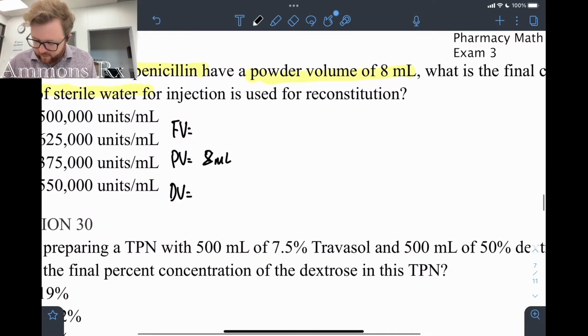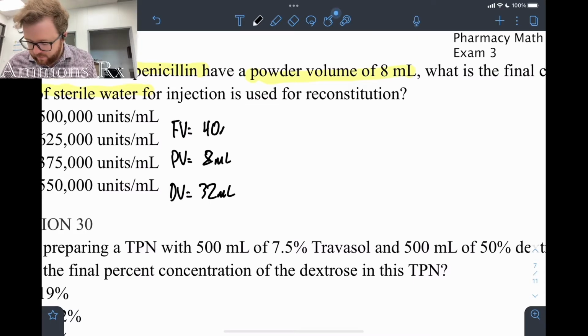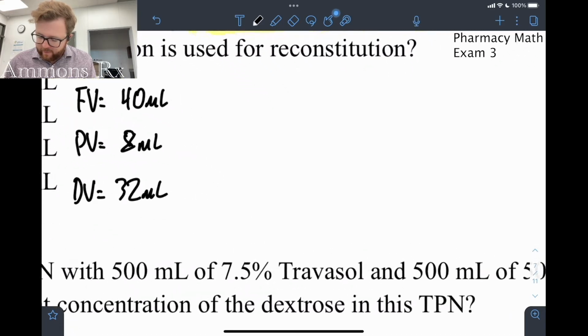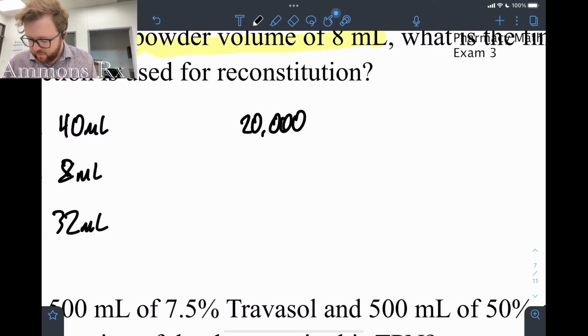We have 32 mils of sterile water. And FV is PV and DV together, so 32 plus 8 is 40. And now we have our concentration, right? Our final concentration is basically how much drug over our final volume.